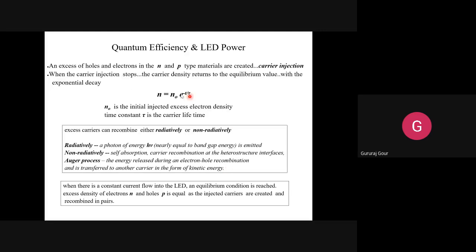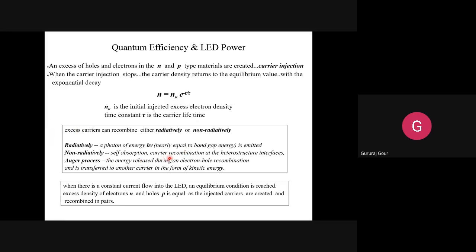So these are the initial things. We started by assuming the initial injected electron density n naught, which is going to decay at the rate of e to the power of minus t by tau, exponentially. Before decaying completely to zero, the injected carriers take part in recombination in two ways, either radiatively or non-radiatively, and we have justified sufficiently that non-radiative carriers are more in number than radiative ones.